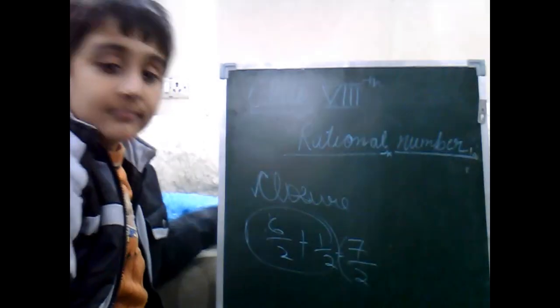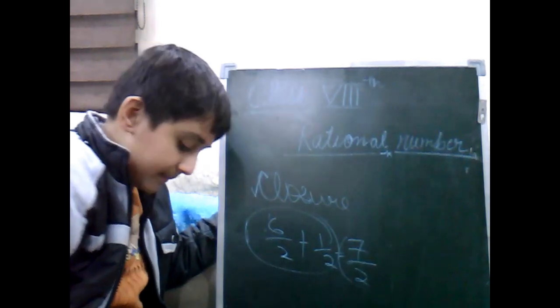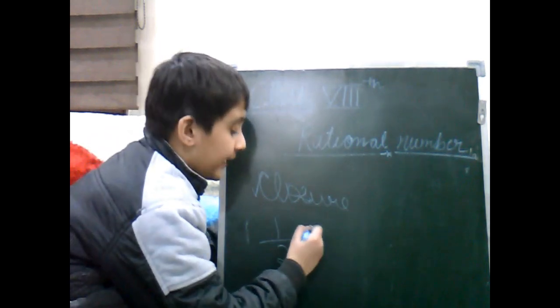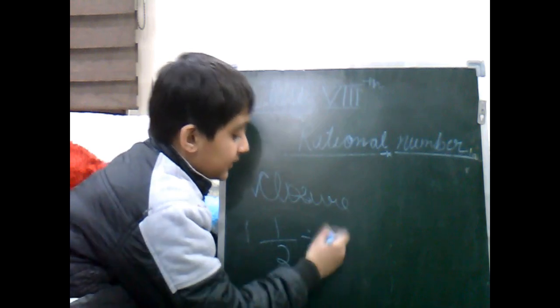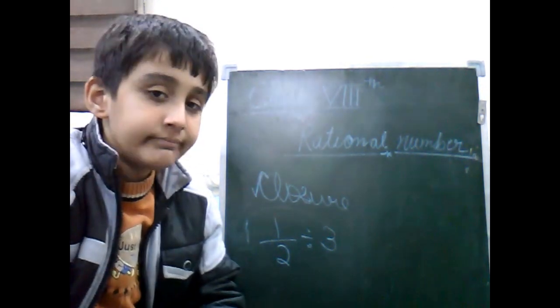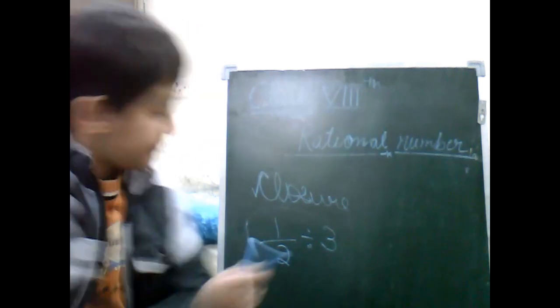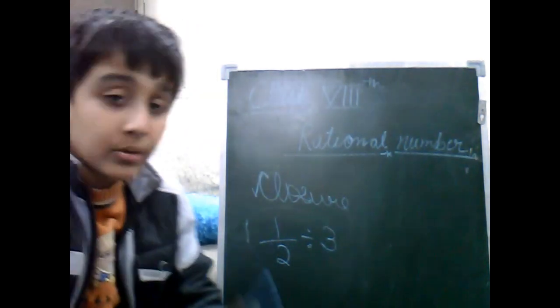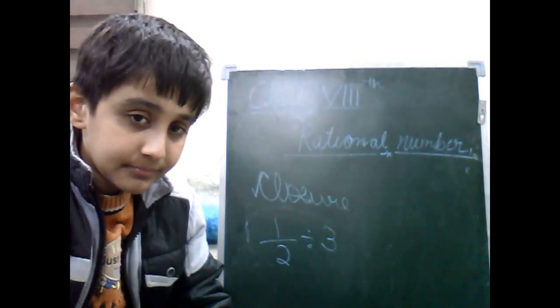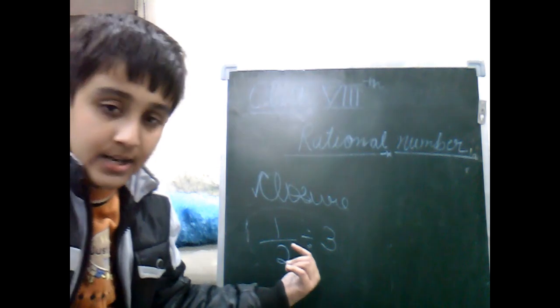Now let me twist the question. The question is 1 upon 2 divided by 3. You can see that 1 upon 2 divided by 3. So you can read the question.